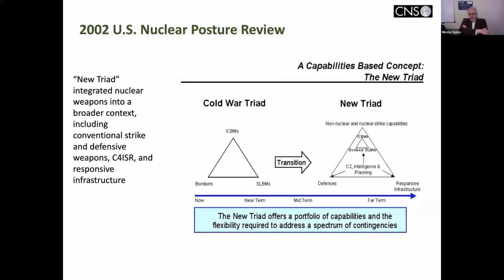Well, let's talk about the United States first. So 2002, U.S. Nuclear Posture Review. The Nuclear Posture Review is the main guiding document that determines U.S. nuclear policy. The concept of a new triad basically integrated nuclear weapons into the overall military capability of the United States.